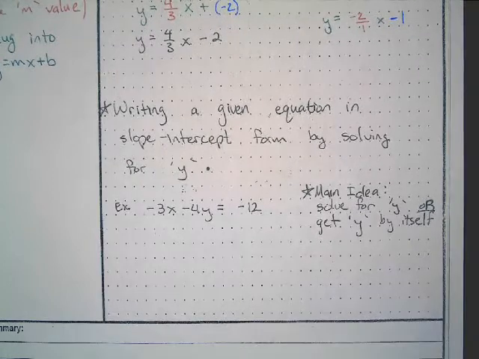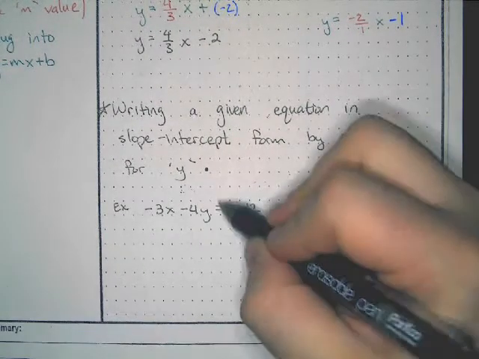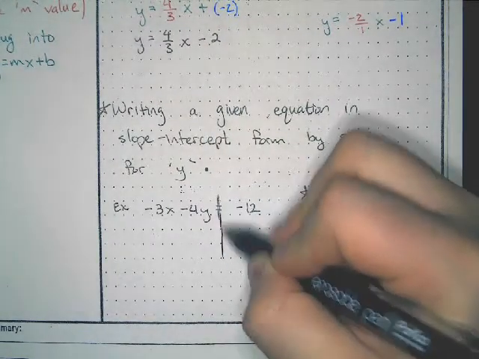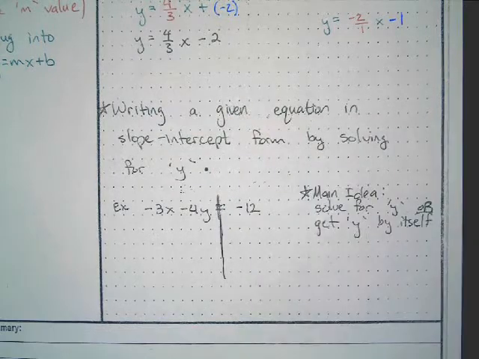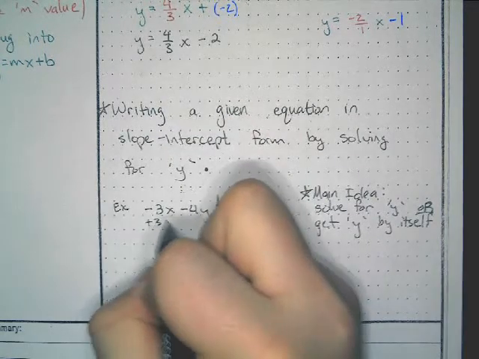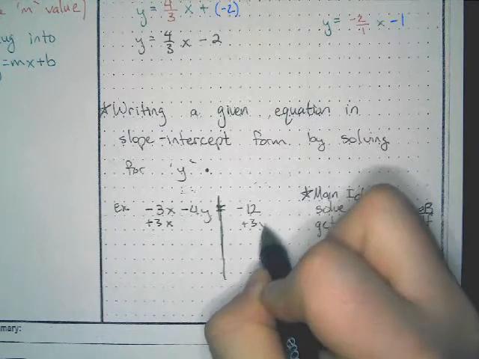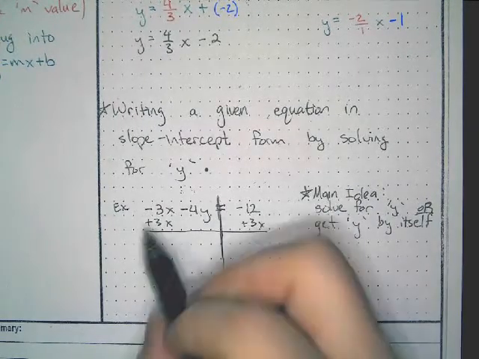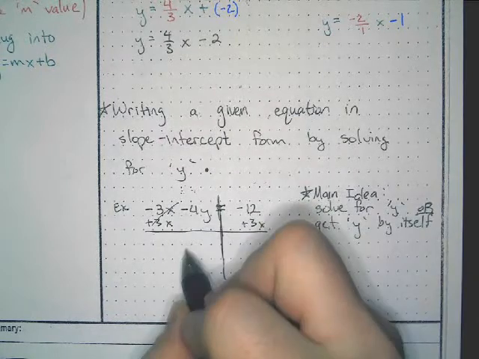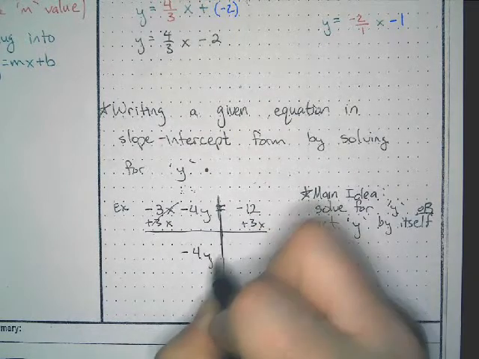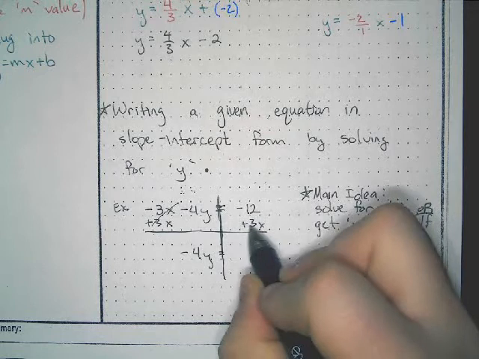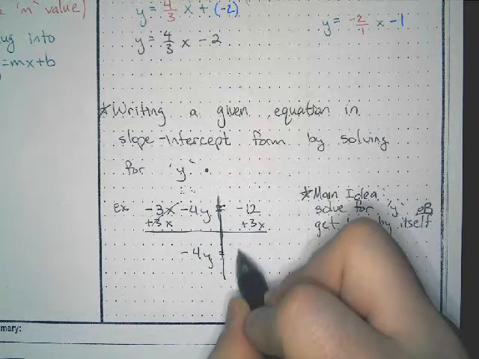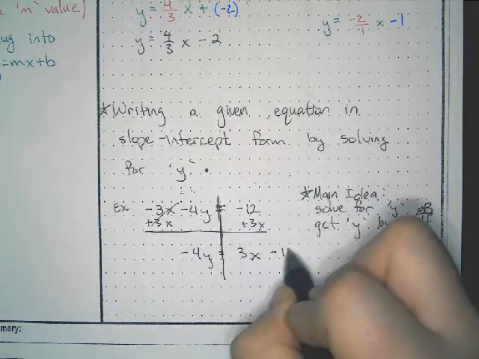So let's go through that process. So we'll add 3x to both sides. These 3x's will cancel. We'll bring down our negative 4y is equal to, I like to put my x's first so they're positive, so I'll say 3x minus 12.